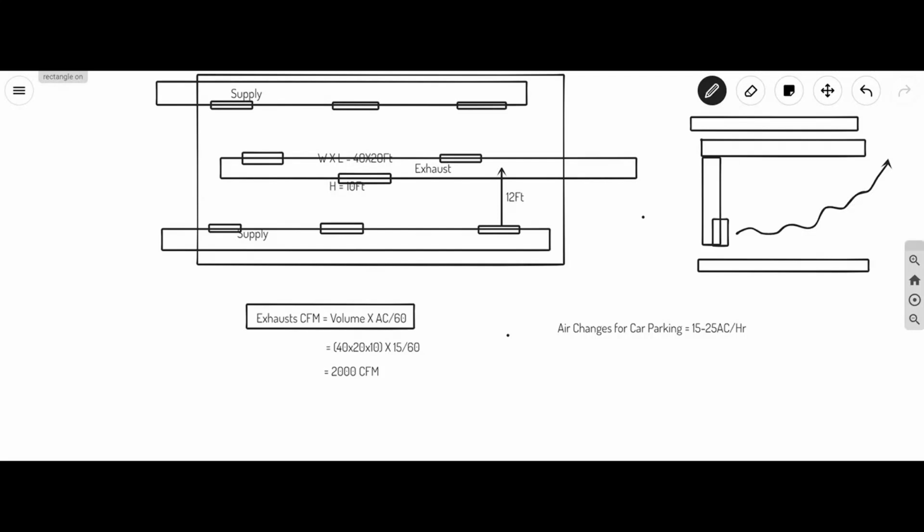Also, a lot of dimensions are not given. You need to measure it, as you have an AutoCAD drawing. If you get PDFs, then we can't measure it. We'll ask for an AutoCAD drawing. And are we supposed to round up the values to the nearest? No. Exact dimensions. Exact values.